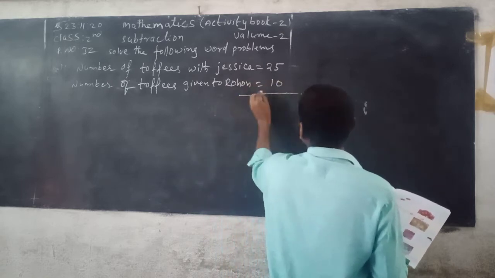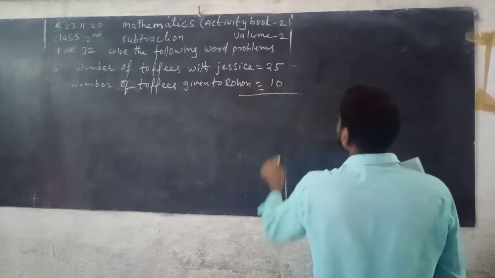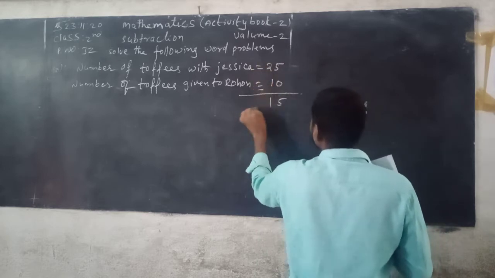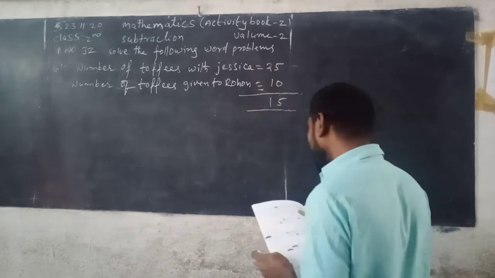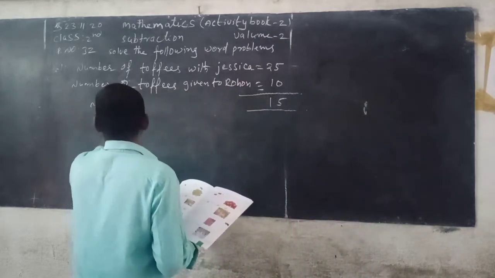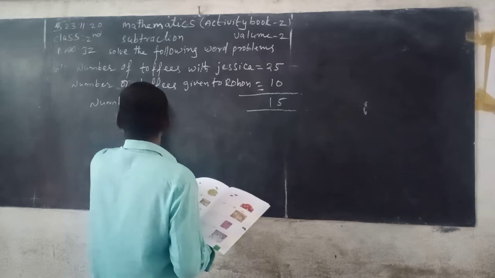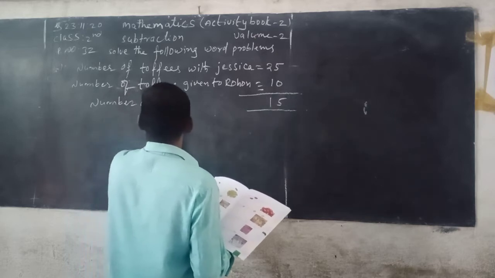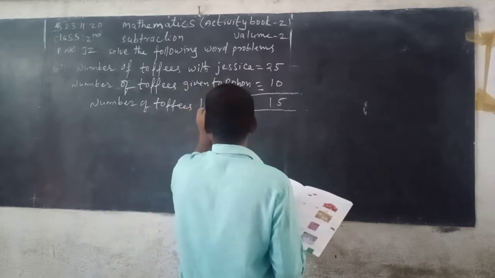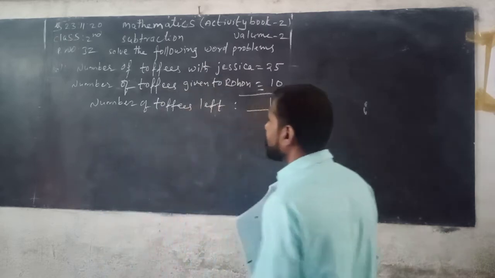See here, subtract: 5 minus 0, 5; 2 minus 1, you can get 1. Then you can write number of toffees left, that is equals to 15.